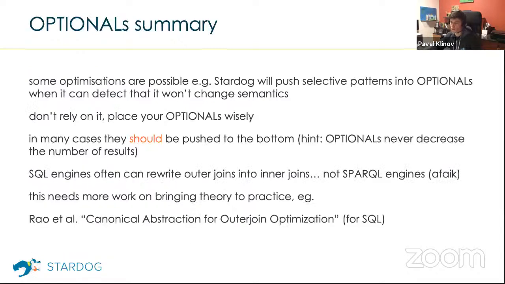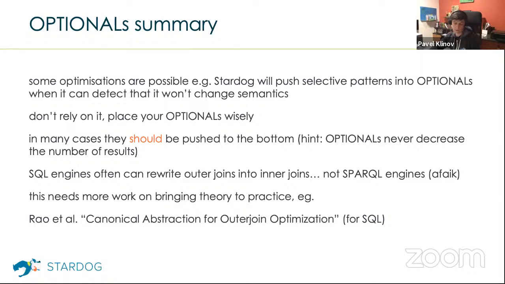But it's the reason that SPARQL query engines, at least those I have experience with, deal with optionals a lot more carefully than with inner joins. So don't rely on them doing a lot of things with your optionals. Place your optionals wisely. Think where those optionals should be in the query.